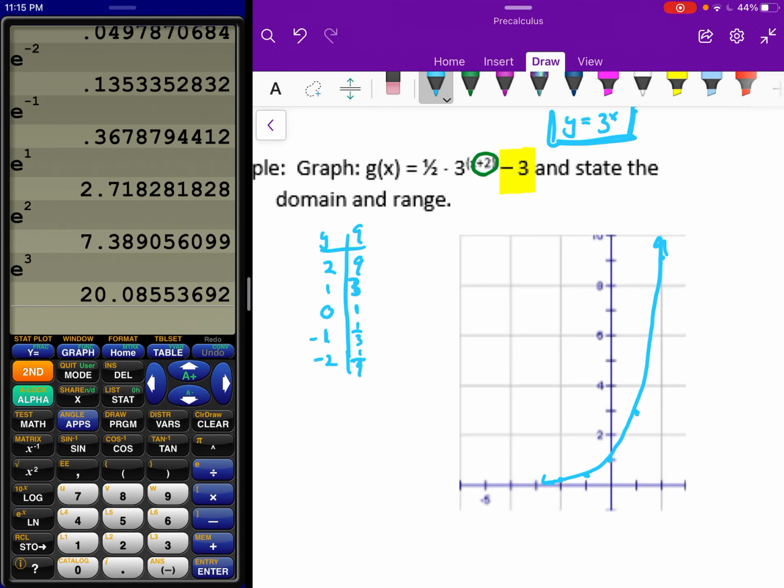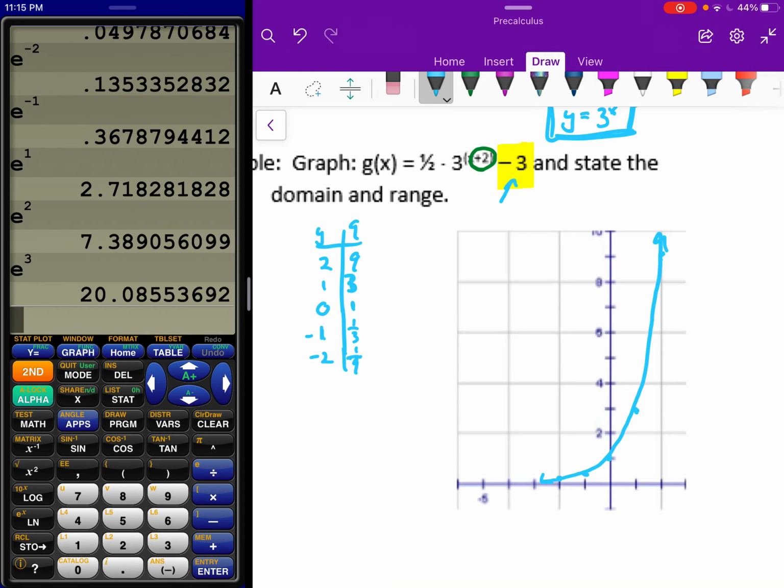It's going to be moved down 3, left 2, and the tricky part is going to be this 1/2. So the point that was normally at 0, 1 would move down 3 and left 2. So it would be somewhere about right here. But then let's see what happens with this 1/2.